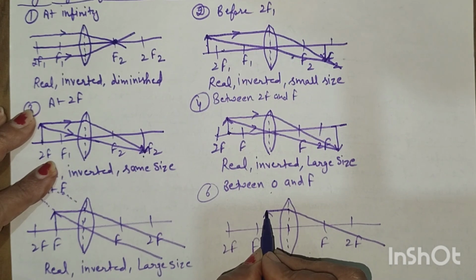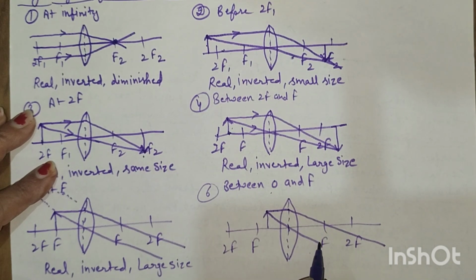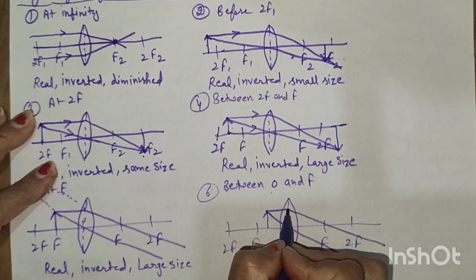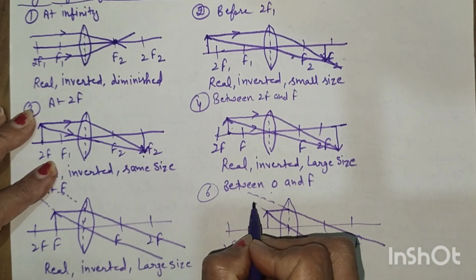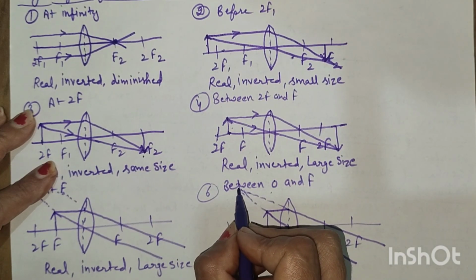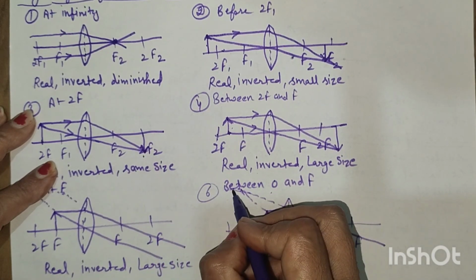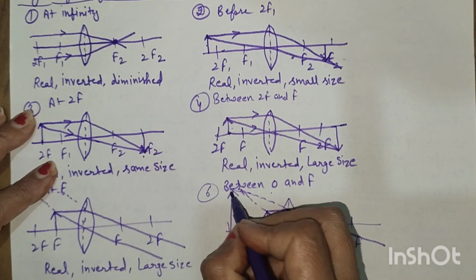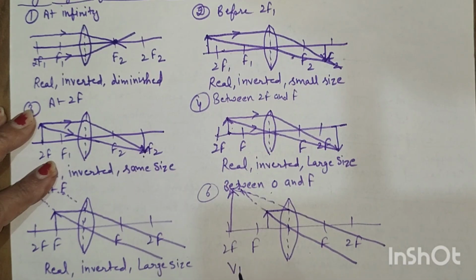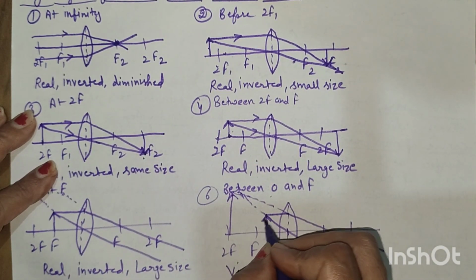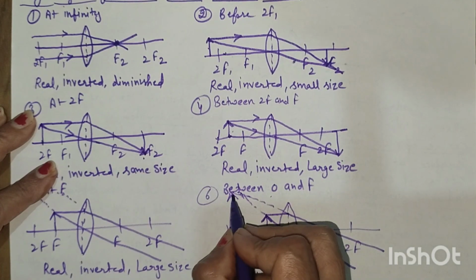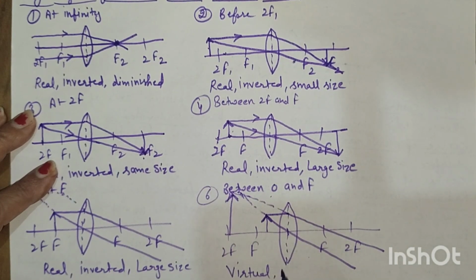According to the second rule, the ray goes through the optical center undeviated and it will meet at the back side, and the image is formed on this side, and this image is virtual and erect.